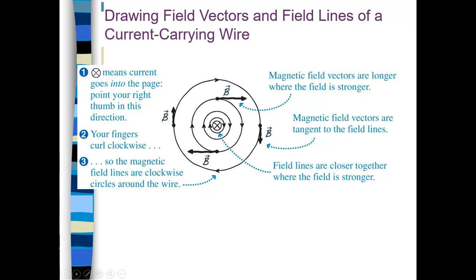Magnetic field vectors are longer where the magnetic field is stronger, closer to the wire, and magnetic field vectors are shorter when they're further away from the wire. Okay, so if we're down here where the magnetic field is strong, then we would have longer vectors because we have a stronger magnetic field. Out here we have a weaker magnetic field, so the vectors are smaller.